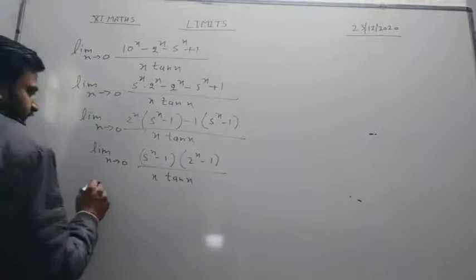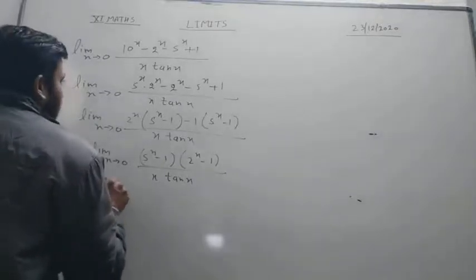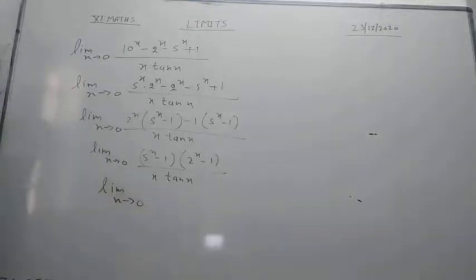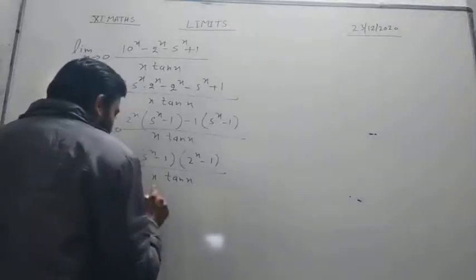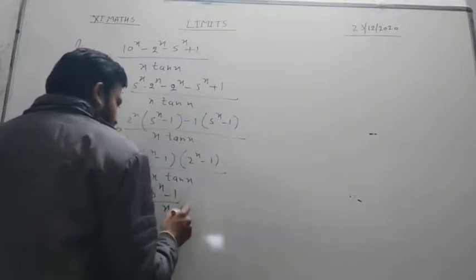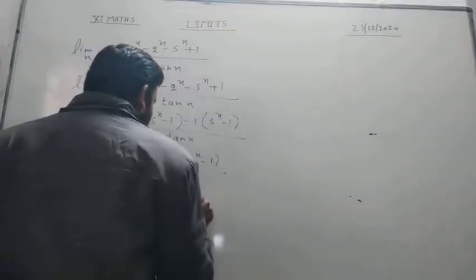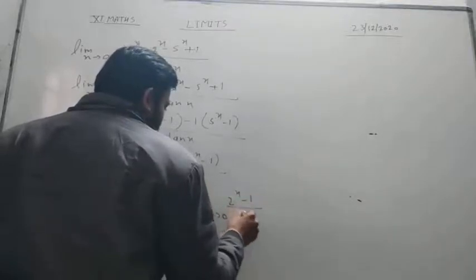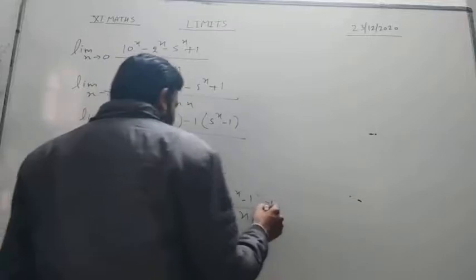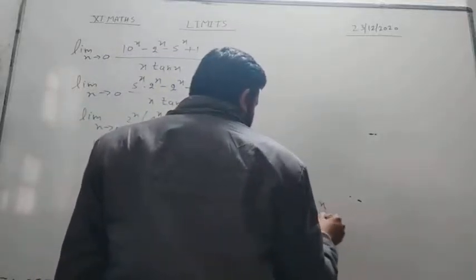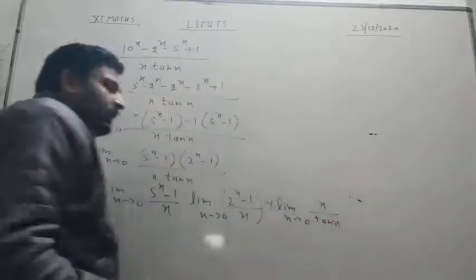Okay student, now limit x tends to 0, we will apply the formula. So we write limit x tends to 0, (5^x − 1)/x, into limit x tends to 0, (2^x − 1)/x, into limit x tends to 0, x / tan x.